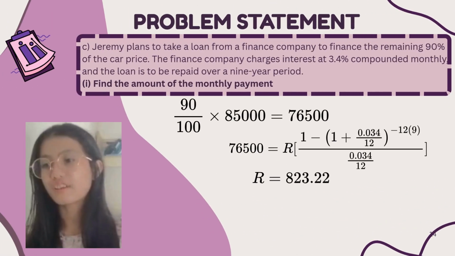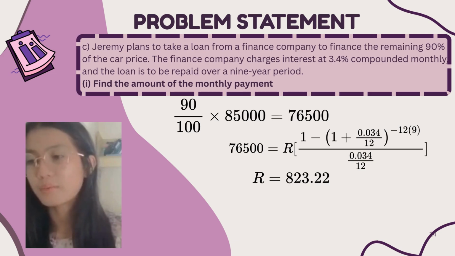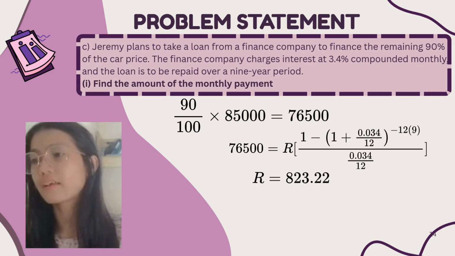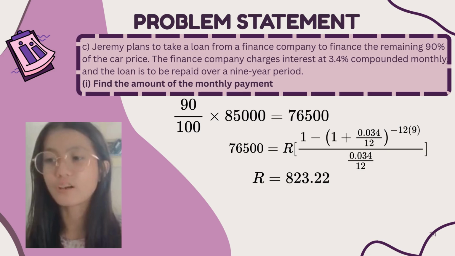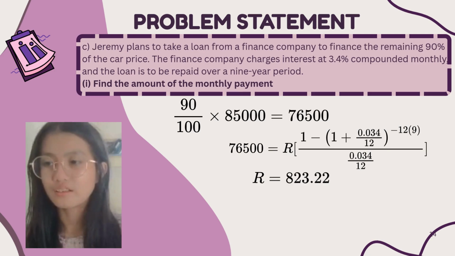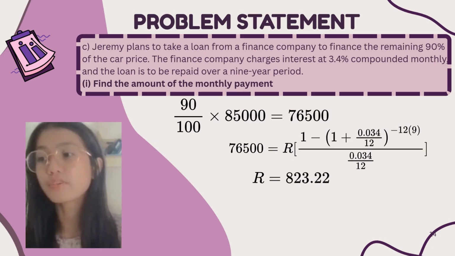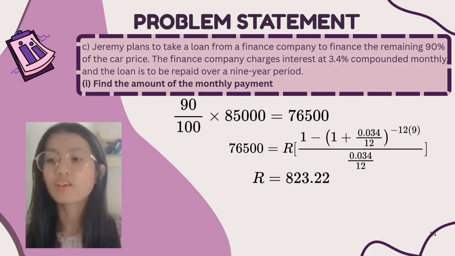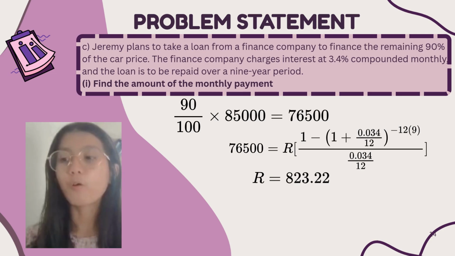Okay, the situation is Jeremy plans to take a loan from a finance company to finance the remaining 90% of the car price. The finance company charges interest at 3.5% compounded monthly, and the loan is to be repaid over a 9-year period. The question is, find the amount of monthly payment.